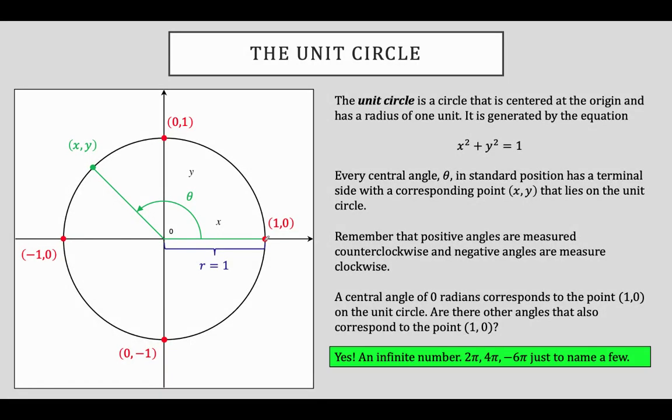In fact, there are an infinite number of angles that correspond to that exact same point, right? 2 pi, that would be the equivalent of 360 degrees. 4 pi, that would be the equivalent of 720 degrees, doing 2 complete revolutions. Negative 6 pi, that would be 3 revolutions in the clockwise direction. So there are an infinite number of angles that share that exact same ordered pair as a point on the terminal side of the angle.